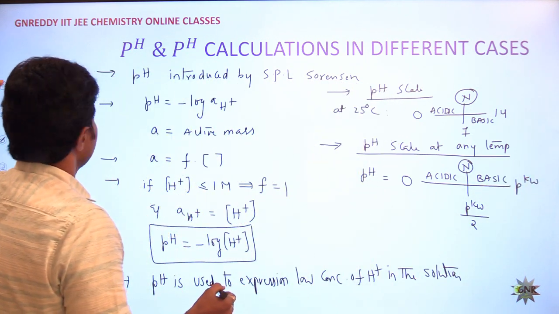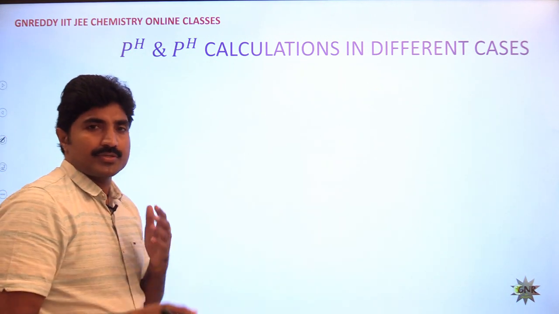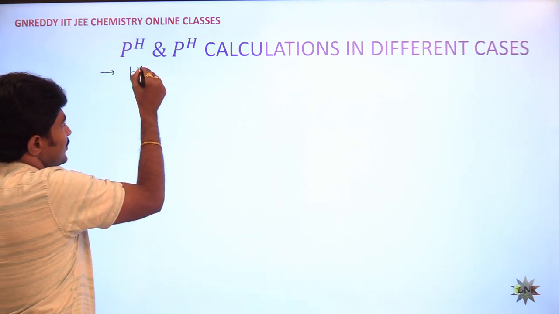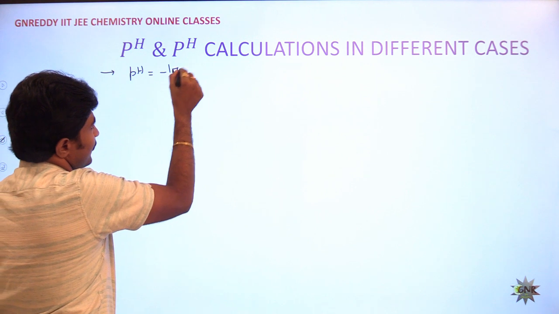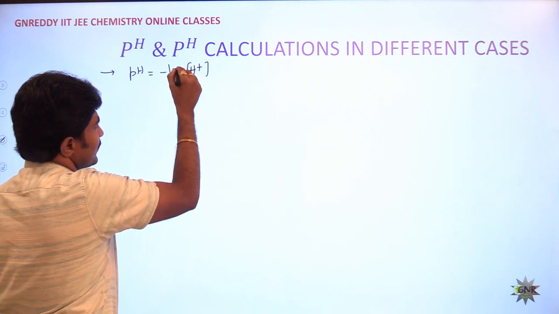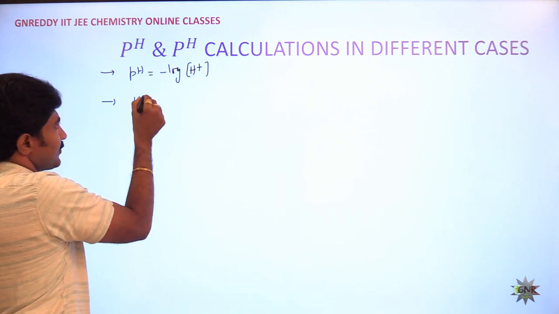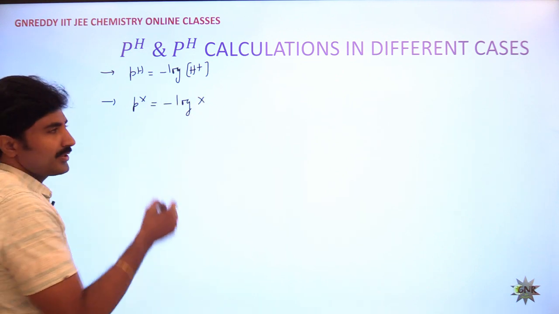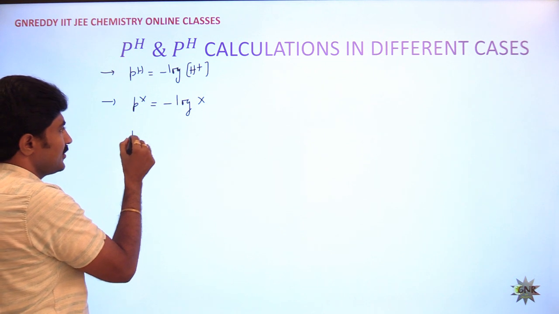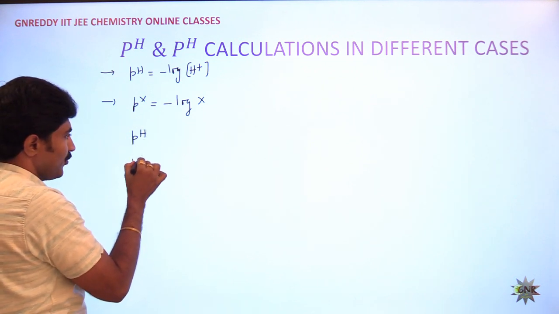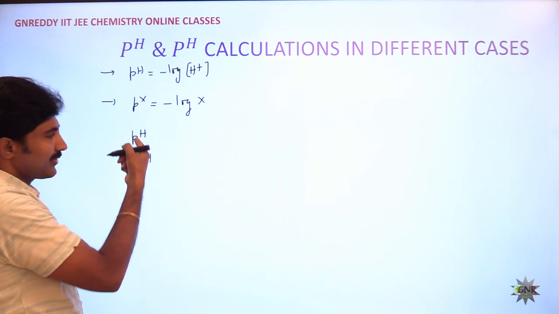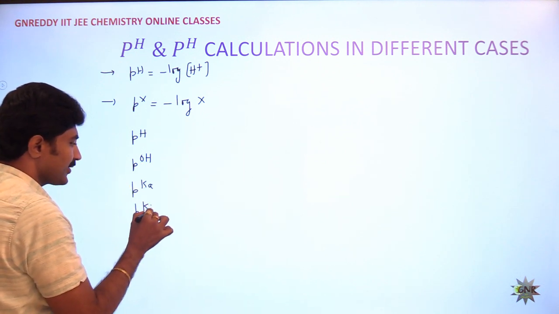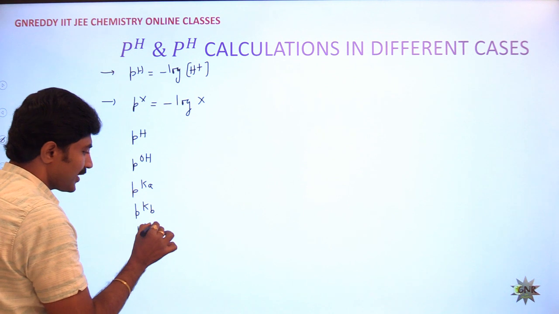Right, what are the important formulas related to this pH? So pH is equal to minus log H plus. Already we have seen this one. Like this we can write pX is equal to minus log x. Instead of x we can use H, OH, or Ka, Kb, Kw.